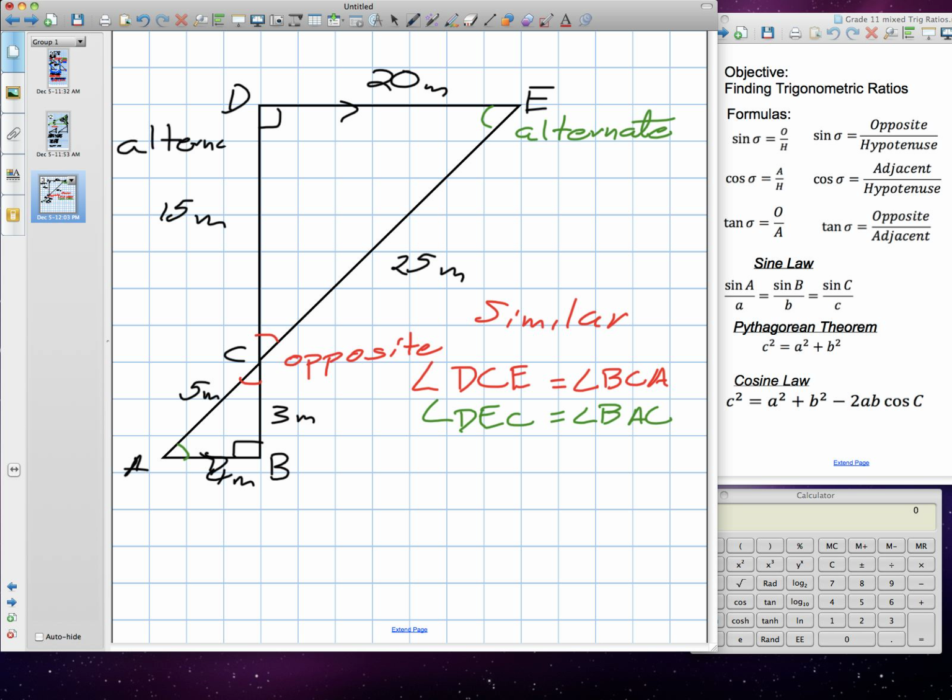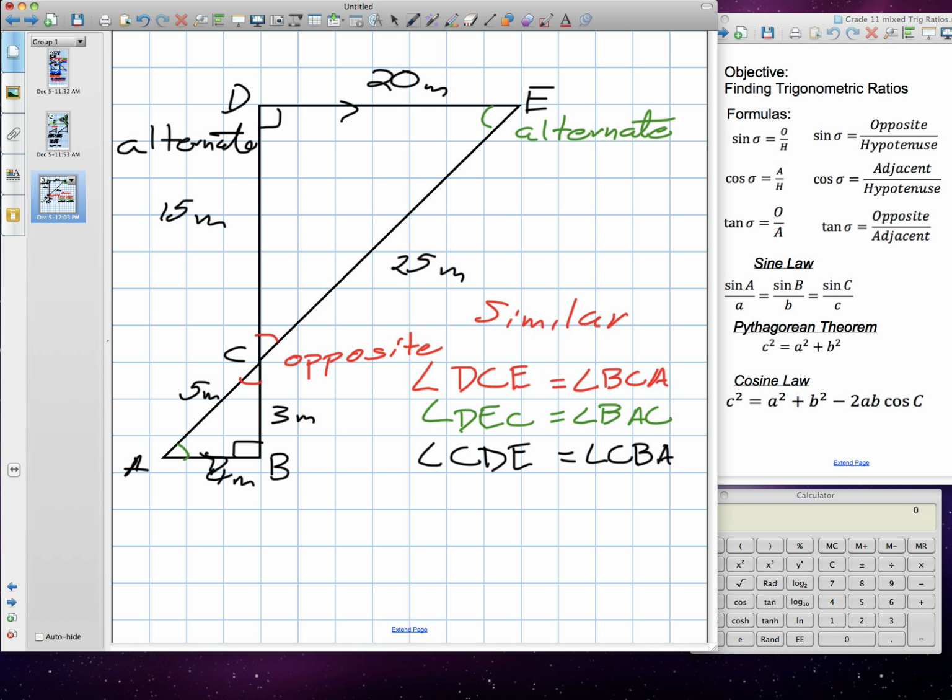So again, we have our alternate angle rule. Or by logic, because the first two are similar, we know the last one has to be the same. So that means angle CDE is equal to angle CBA.